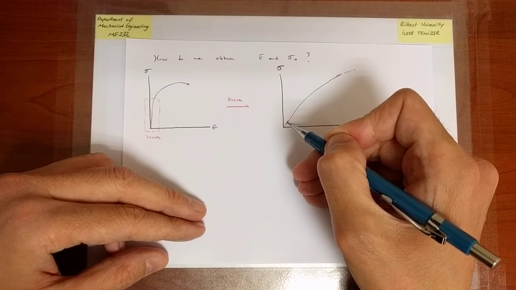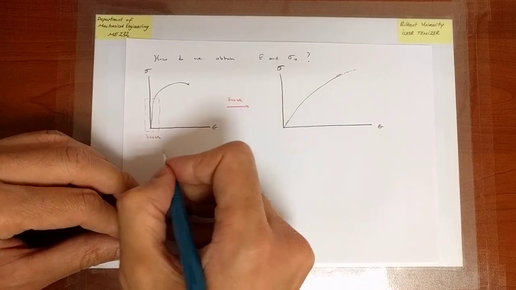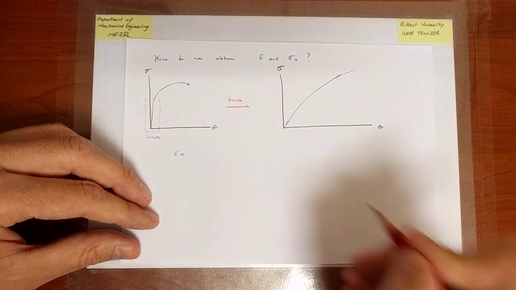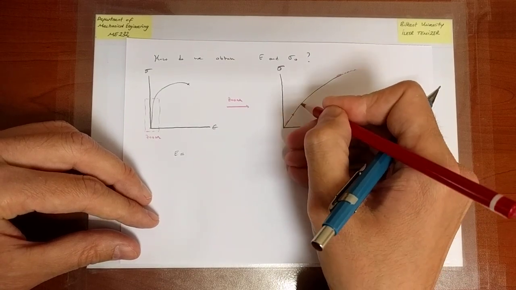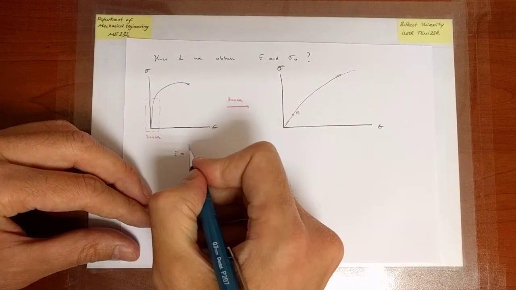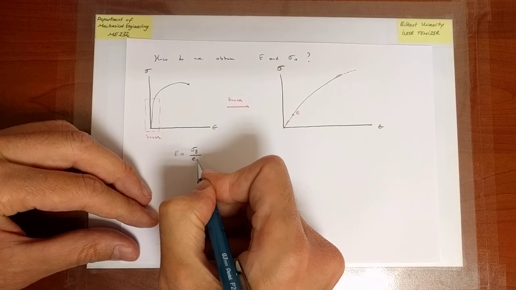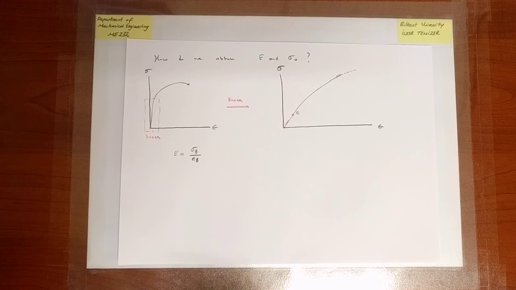Now, therefore, it is sufficient, perhaps, that I could evaluate that slope by taking a point which clearly lies in the region where the stress-strain curve is flat. Let's call that point B, and I take the stress at point B and divide it by the strain at point B, and that would give me the slope, which is the Young's modulus.